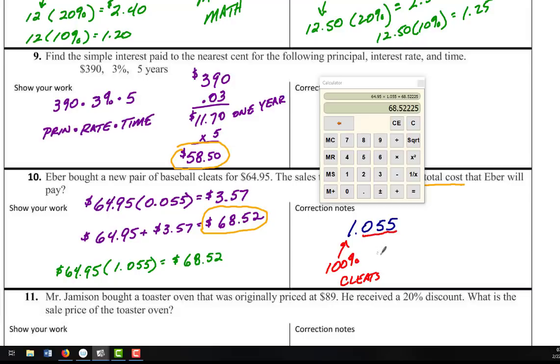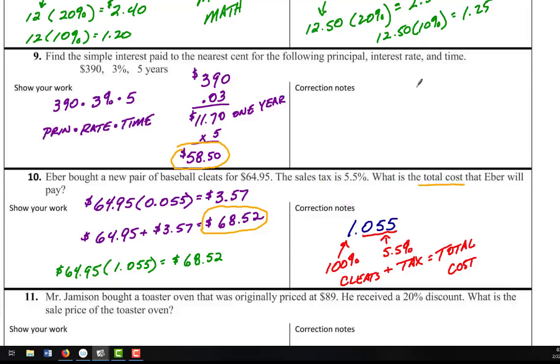The 0.055, which is the 5.5%, is the tax. And when you add the cleats and the tax, you get the total cost. So break it down and do it in parts like this, or do it all at once like that. Either way, you're going to get the same answer.